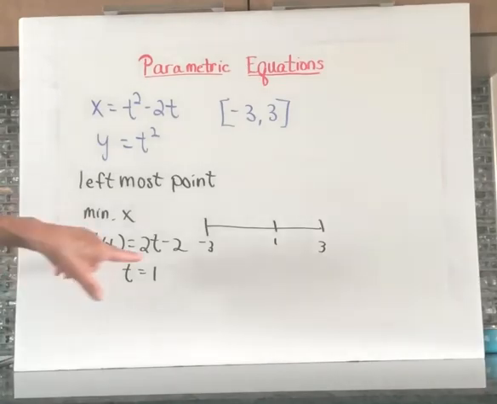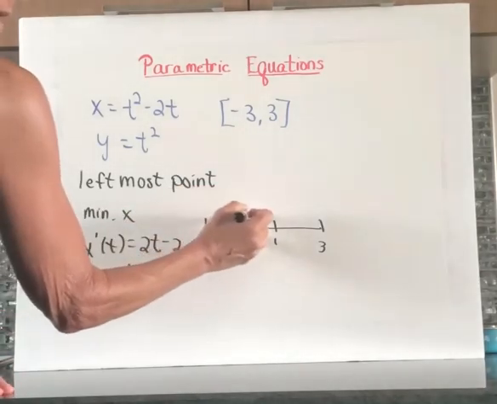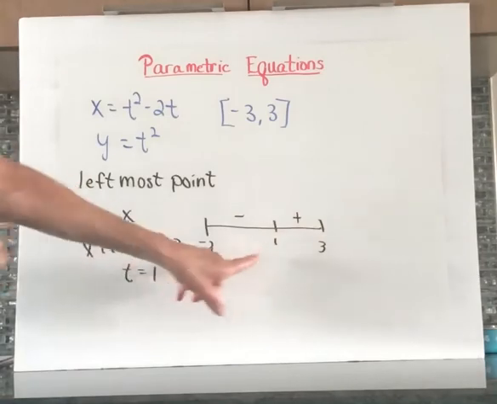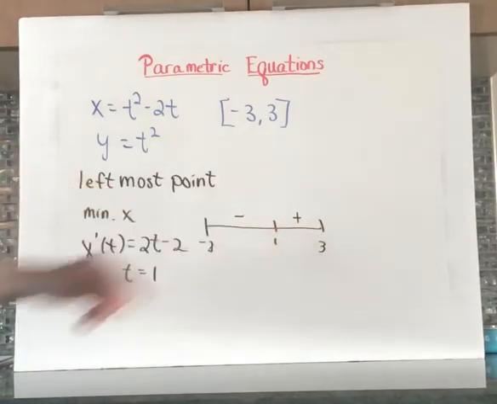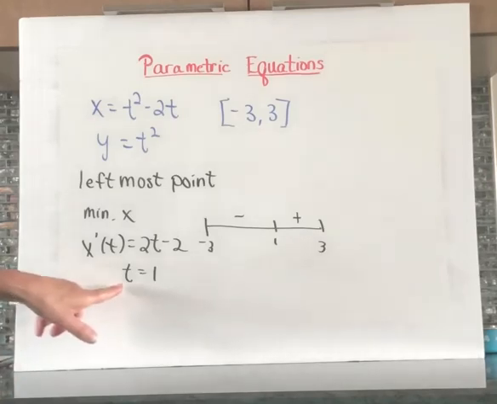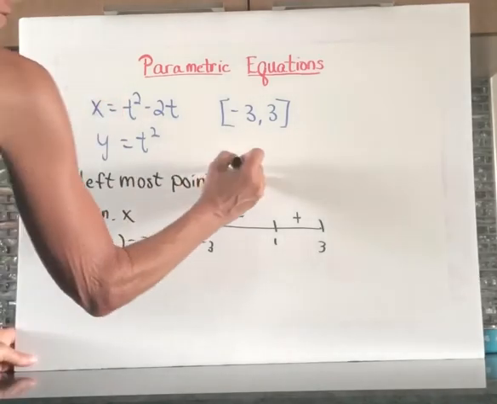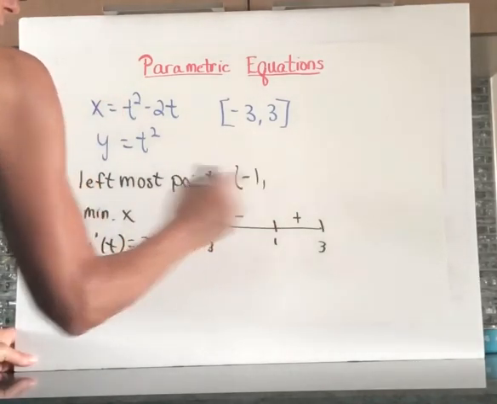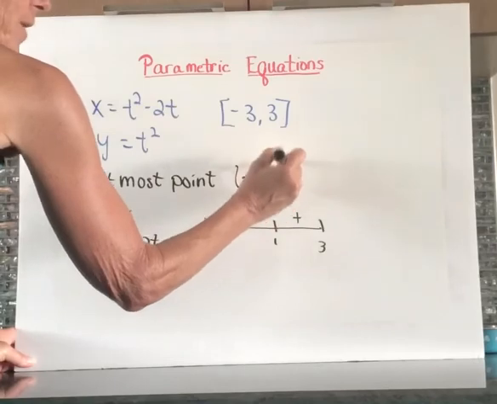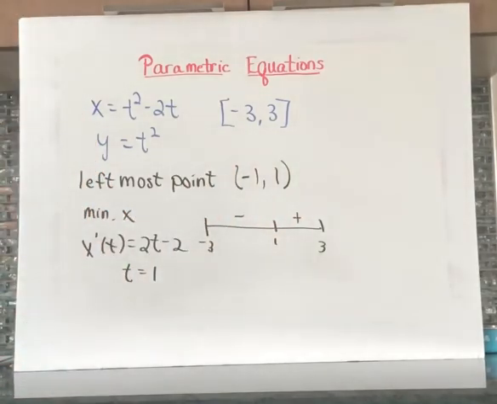Substituting values in, you would get a negative, then a positive. That's showing me that when t is equal to 1, you have a min point. So at our leftmost point, when t is equal to 1, I'm here: 1 minus 2, my x value is -1. My y value is 1, and we're going to graph that shortly.